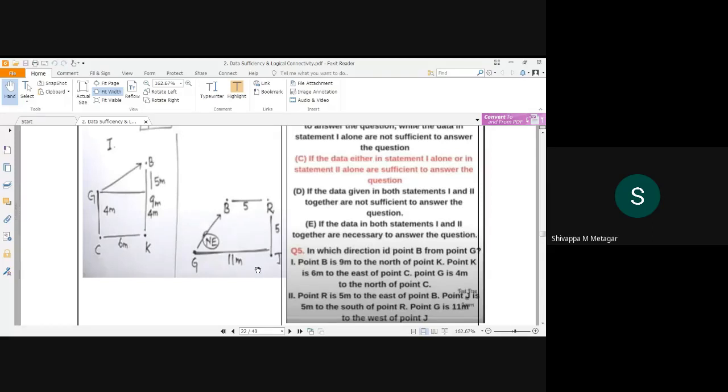Then we can easily find out the direction from G to B based on the first statement as well as the second statement. So the right answer is that statement 1 alone can give the right answer, or 2 alone can give the right answer to the given question.